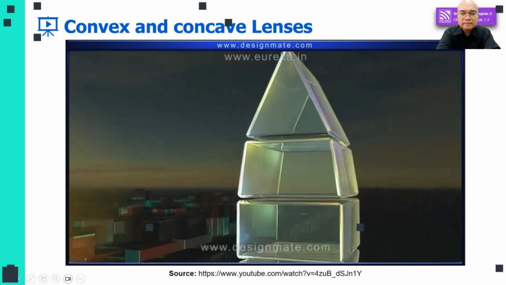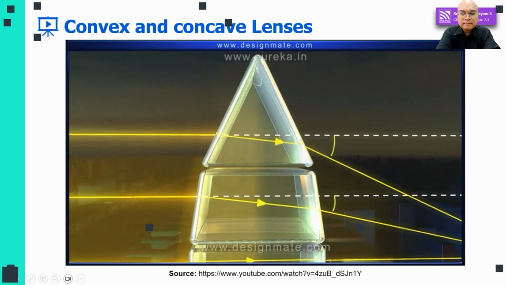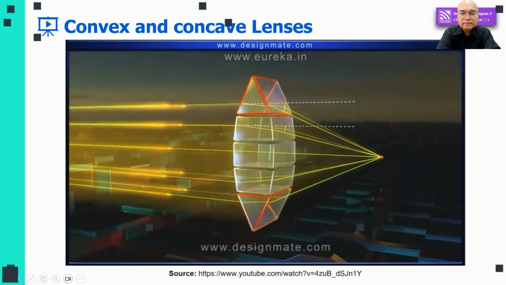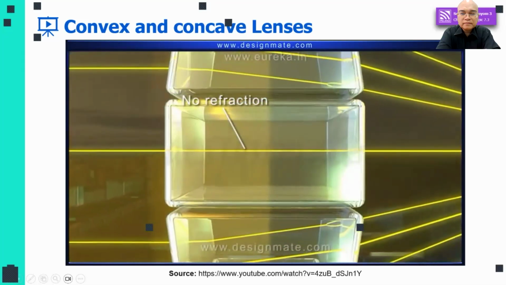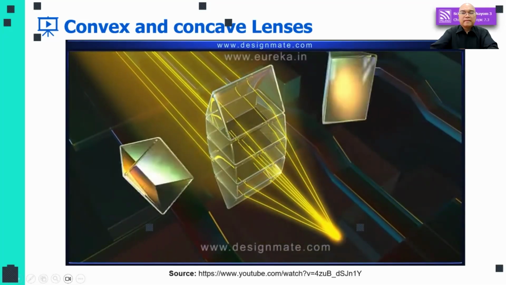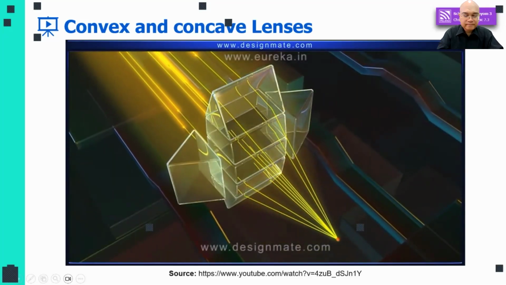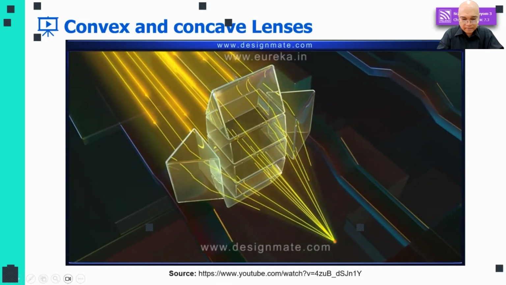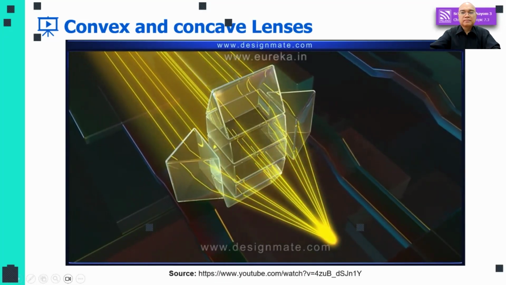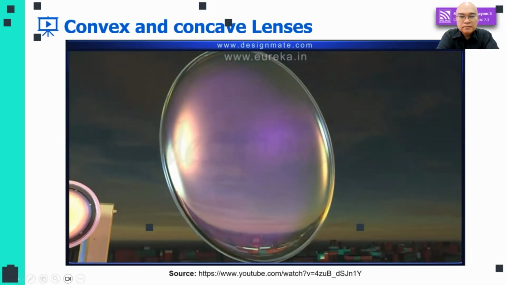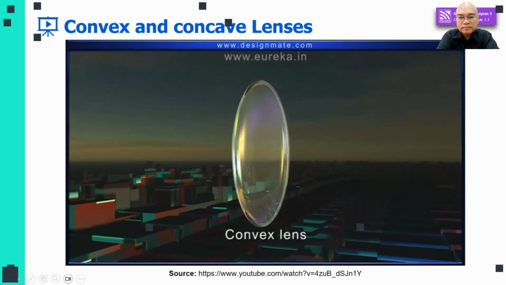The parallel rays incident on such an assembly will undergo maximum refraction at its top and bottom. The rays undergo no refraction at the center of the lens. Now, if we arrange two more prisms at the side of this arrangement, then the incident rays emerging from them also converge at the same point. A single piece of glass formed in this fashion is called a convex lens.